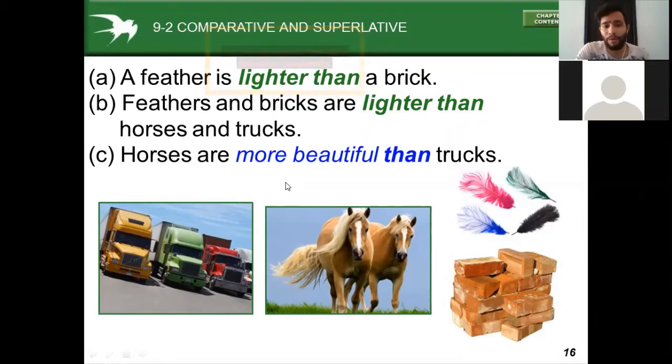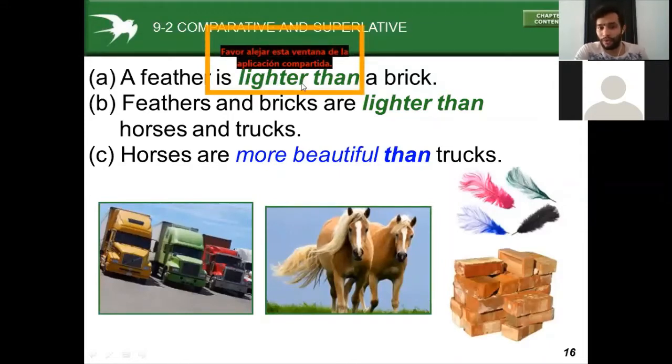Horses are more beautiful than trucks. That's also very nice. Now, what happens here? Here we have the normal form, and also the other form of the normal comparison, which is the one used with more. In this case, beautiful is an adjective that has how many syllables? Beautiful.